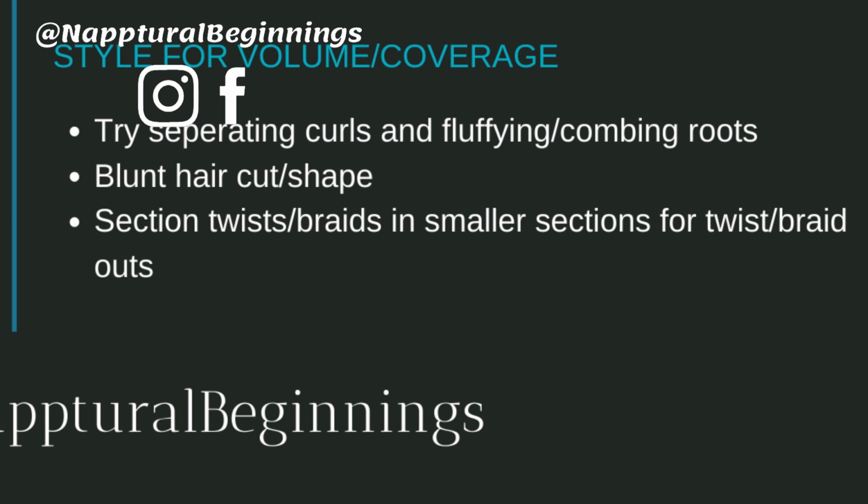As far as shaping and cutting of the hair, you could opt for a more blunt cut that gives more of a fullness. And then when you section your twist or your braids for twist outs and braid outs, you want to make those sections a lot smaller. So you may have maybe 15 to 20 braids on your hair versus me, where I only style my hair with twist outs and braid outs in like about 7 or 8 braids or twists.